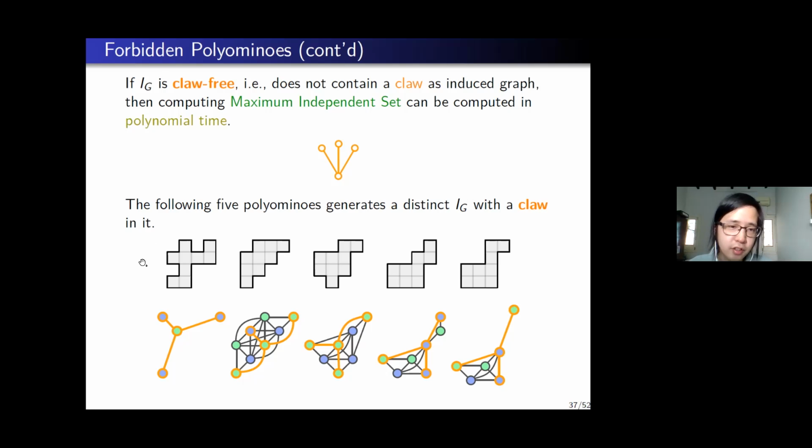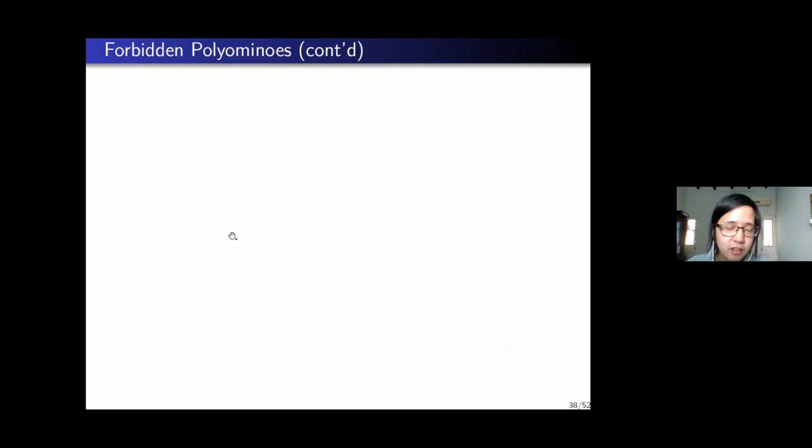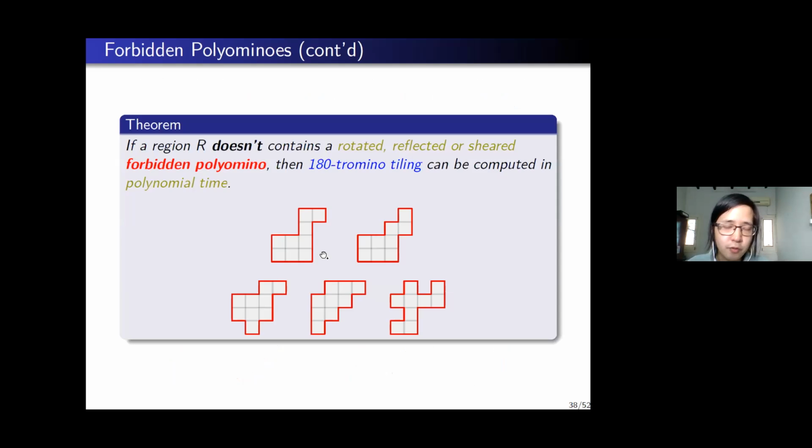And we call these polyominoes forbidden polyominoes. If a region doesn't contain a forbidden polyomino, then L-tromino tiling can be computed in polynomial time.